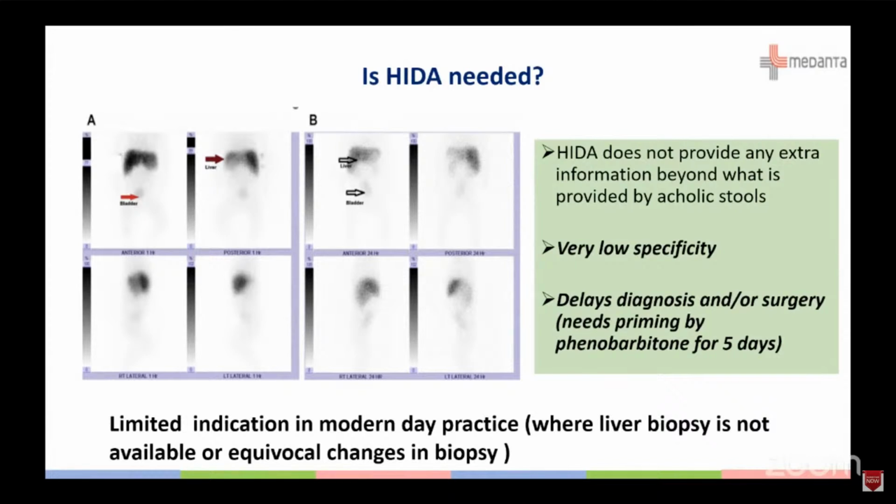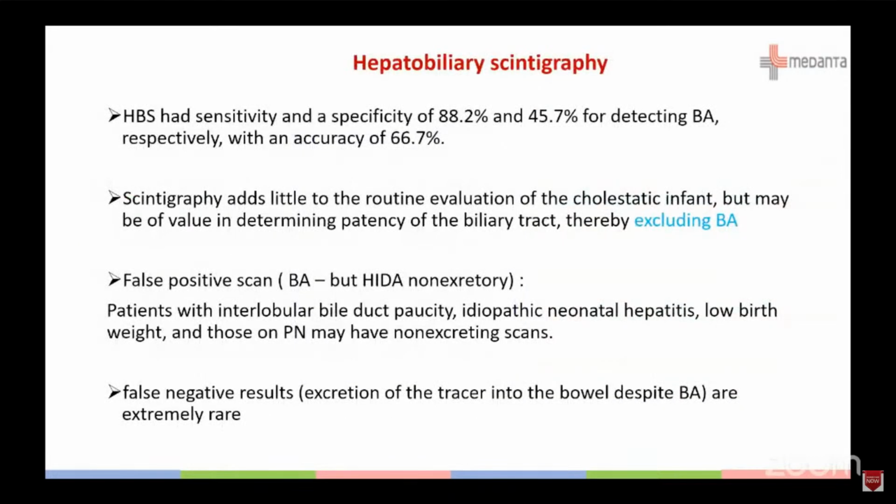Only in these cases do we use the HIDA scan. Again, there are some limitations with the HIDA scan. There might be false positive scans in patients with interlobular bile duct paucity, idiopathic neonatal hepatitis, and low birth weight babies, though false negative results are extremely rare.